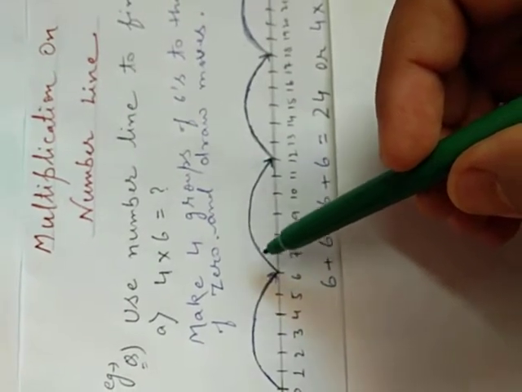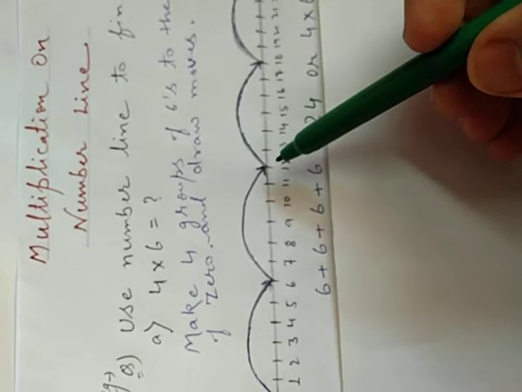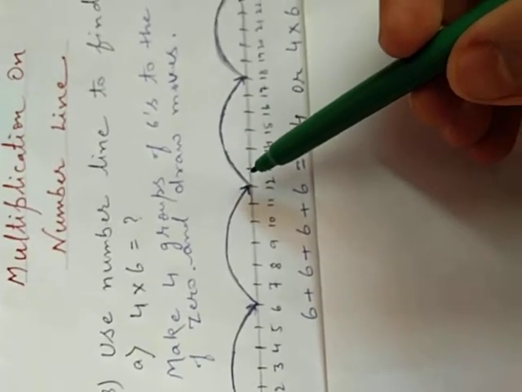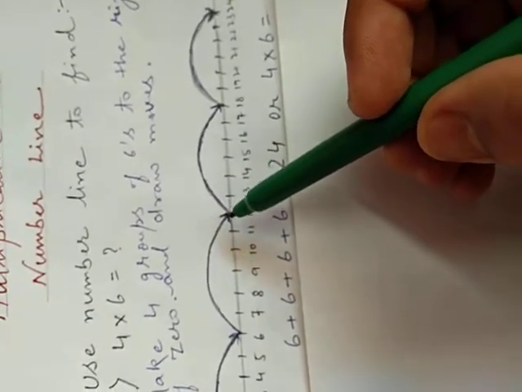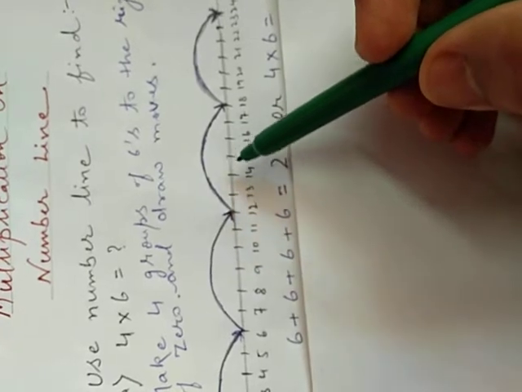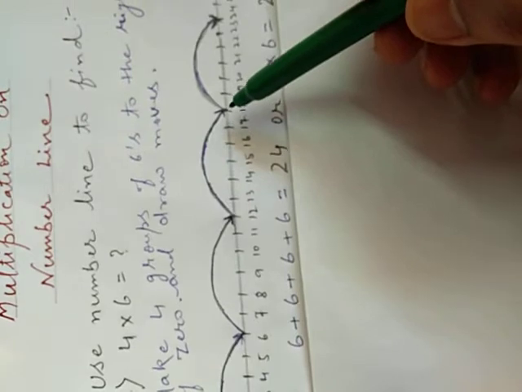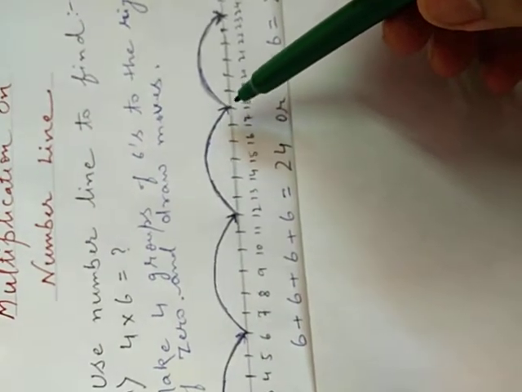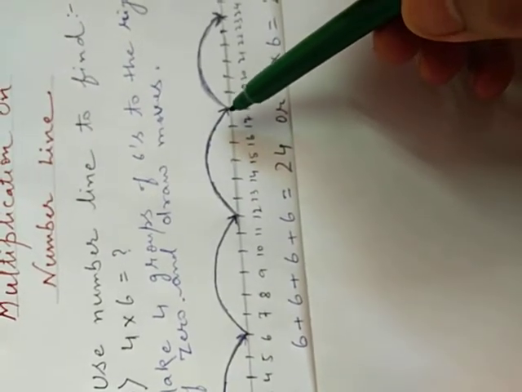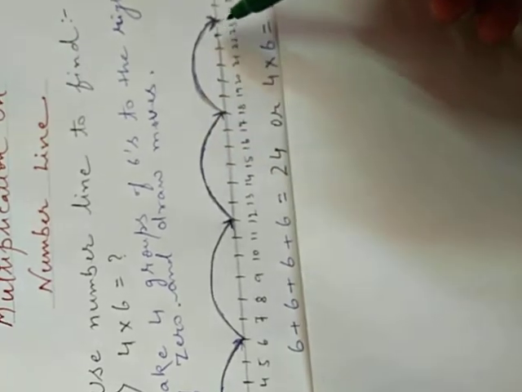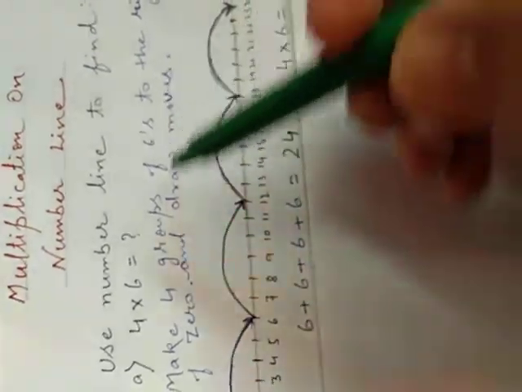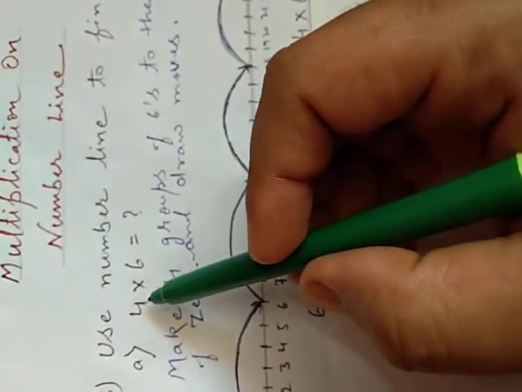So again 6 to 12, again move towards the next 6. 12, 13, 14, 15, 16, 17, 18. Then again 18 to 24. So how many times will we jump? We will jump 4 times.